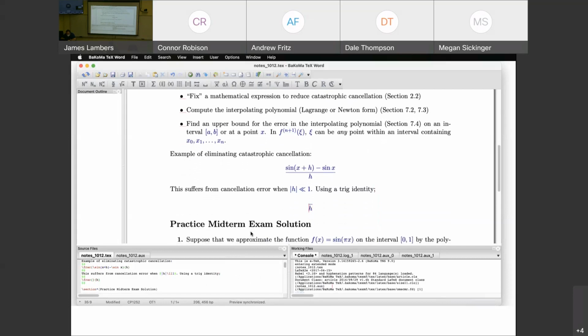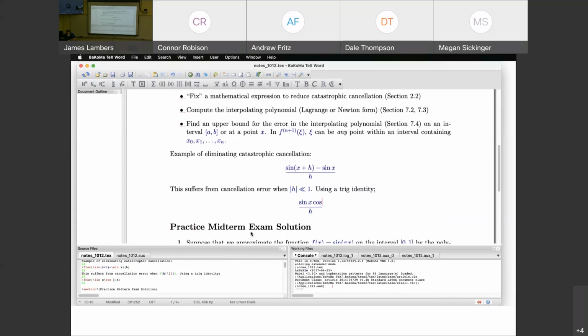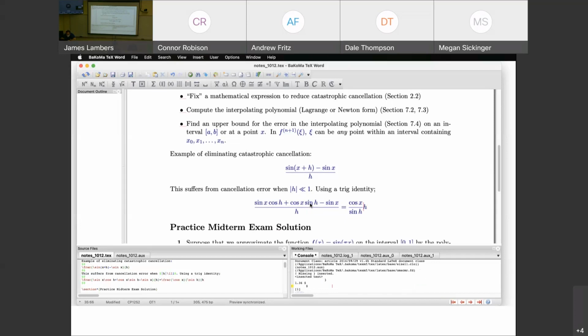So that would be sine x cosine h plus cosine x sine h, all minus sine x. So then what we can do with that: first this term, we have cosine x sine h over h from the second term here, and then I'll write the others in a separate fraction.